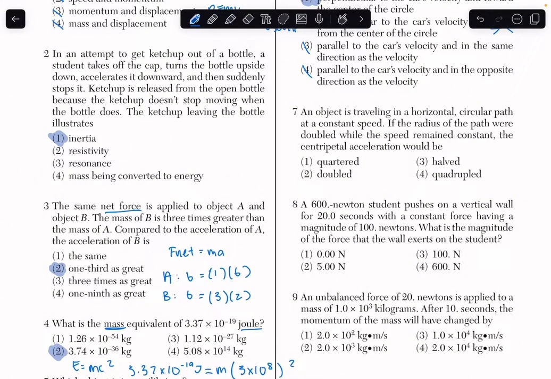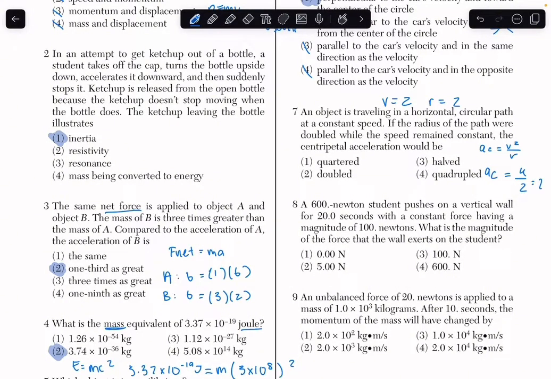Our equation for centripetal acceleration is AC equals V squared over R. Let's pretend our V is 2 and our radius is also 2. So AC equals V squared, 2 squared, that's 4, over 2. So AC equals 2, right?